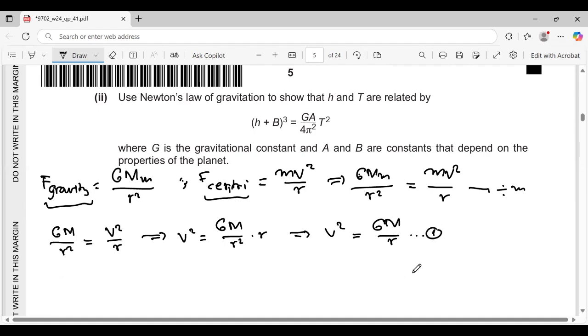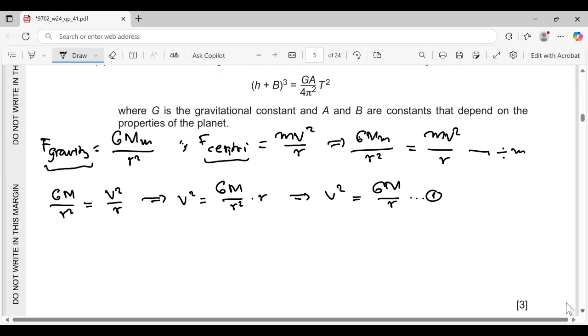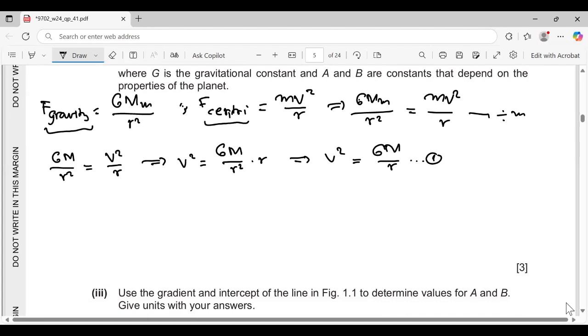The orbital period T is the time taken for the satellite to complete one full revolution. So the orbital velocity is related to the period by v equal 2 pi r over T. Now substitute this equation into equation 1.